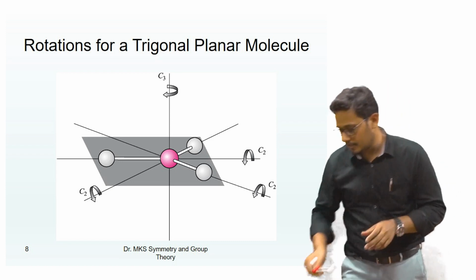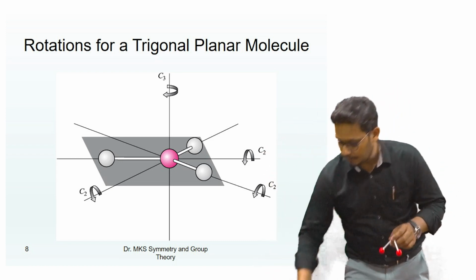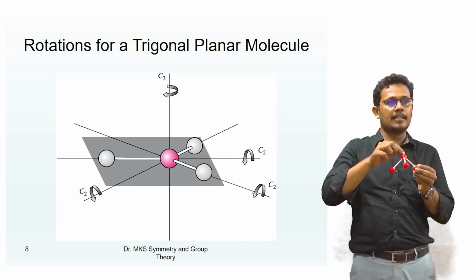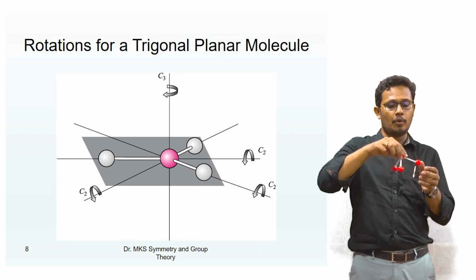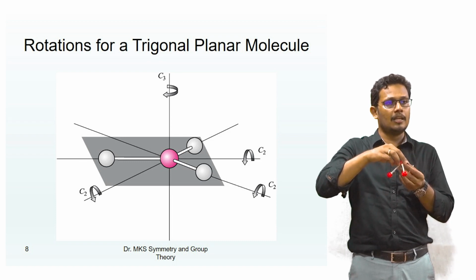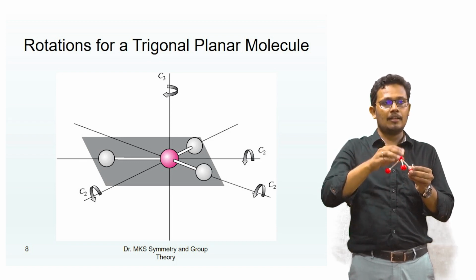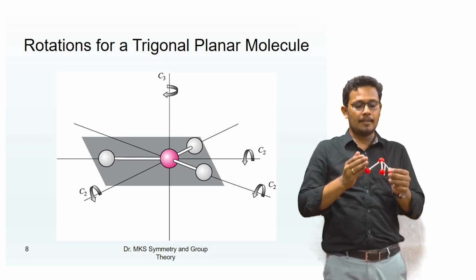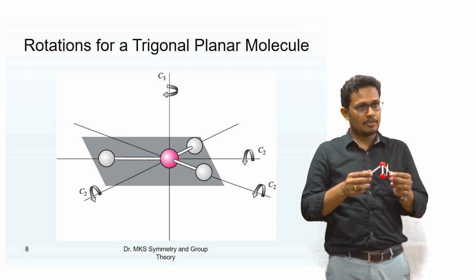Consider another example, ammonia. As I said, it has three-fold rotation, 120 degrees. If you rotate three times, you will get an indistinguishable configuration. Along with that, we have three sigma planes. What is the definition of sigma V?